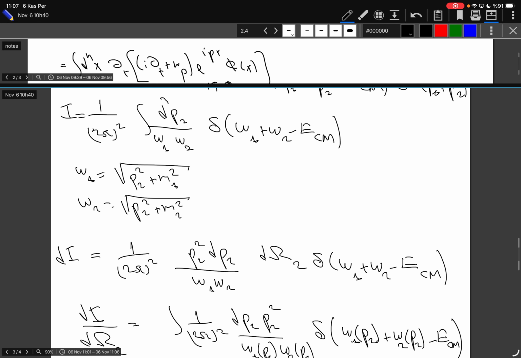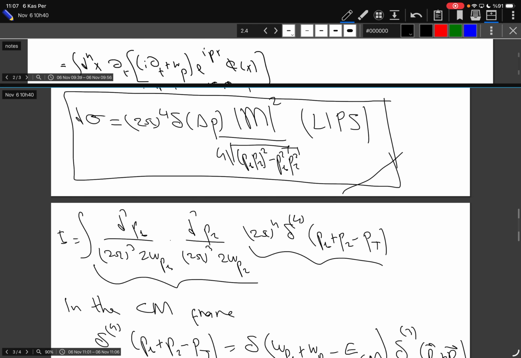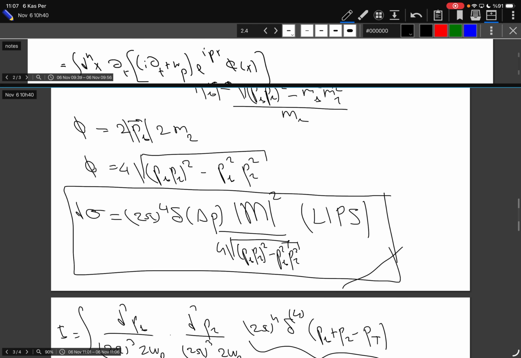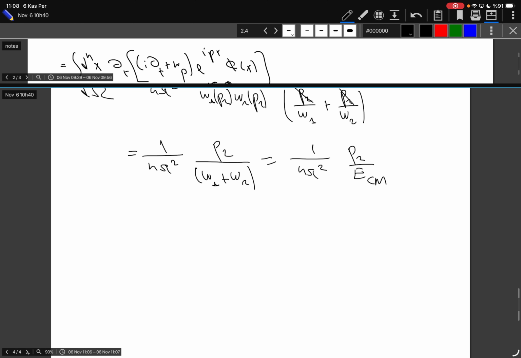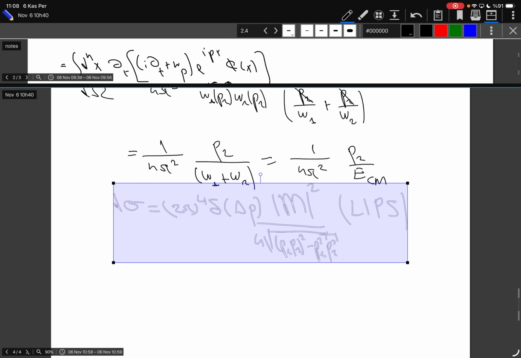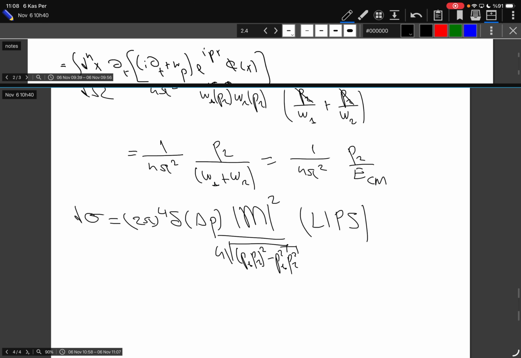So if I would like to obtain the differential cross-section for two particles scattering, d sigma over d omega, let me put the 2.